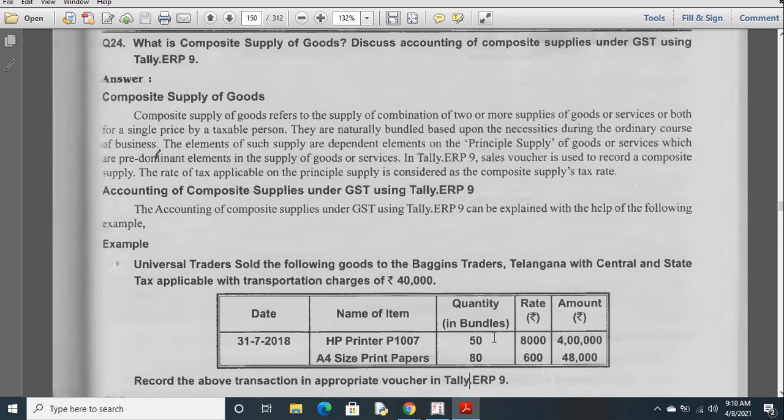Now Bag-in Traders will be your sundry debtor, right? Now you tell me, in which voucher we have to enter this transaction?